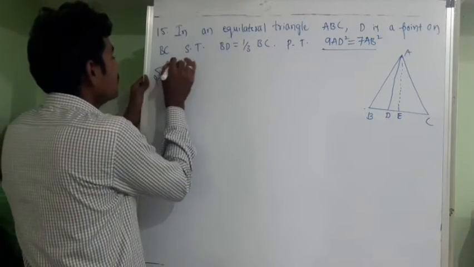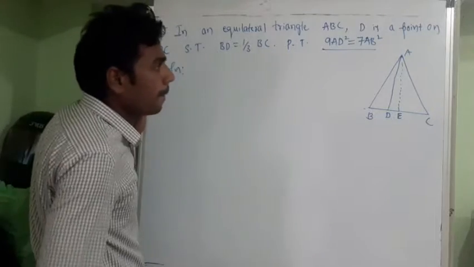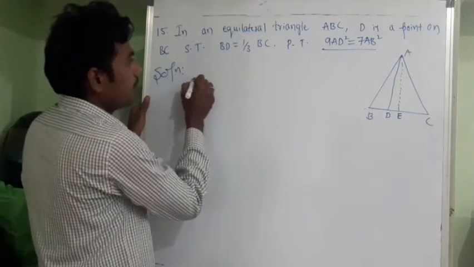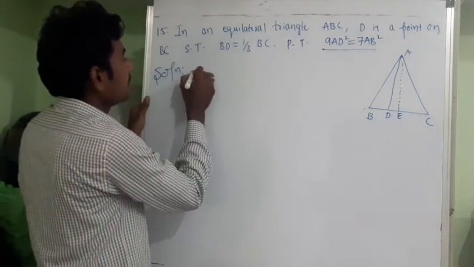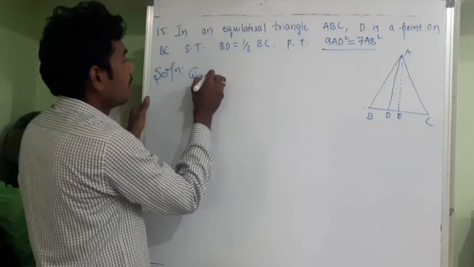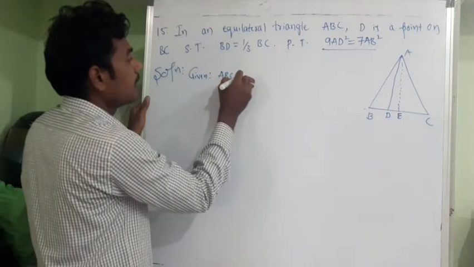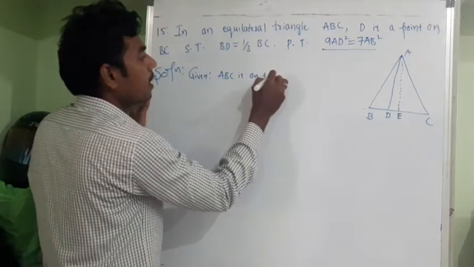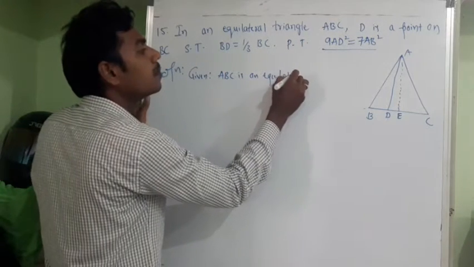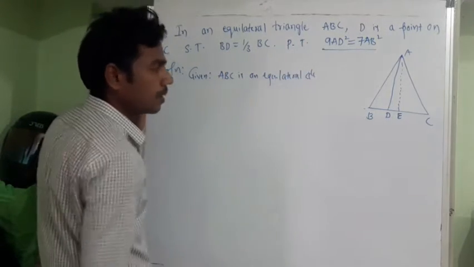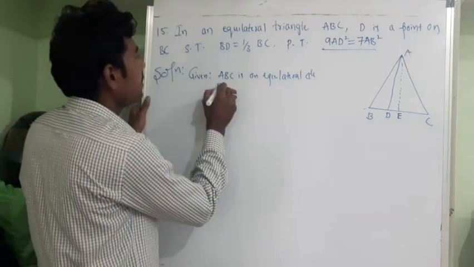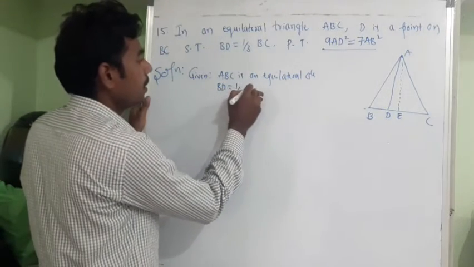Okay, solution. So what is given? Given ABC is an equilateral triangle and BD is equal to 1 by 3 times BC.